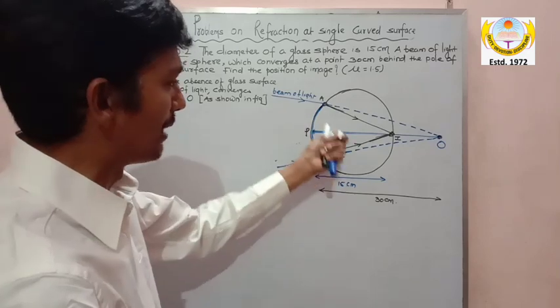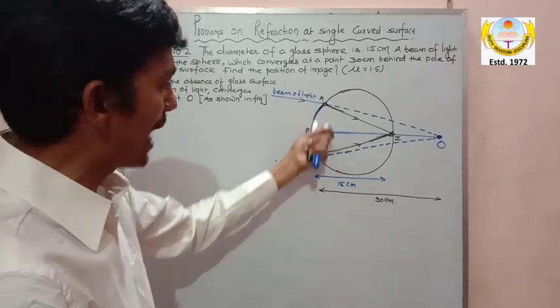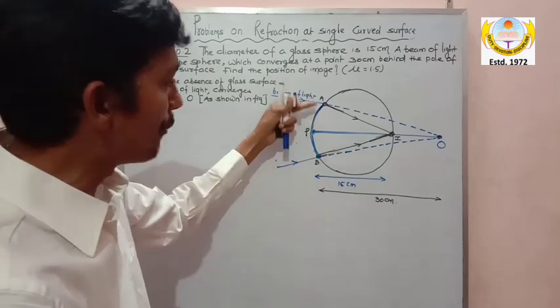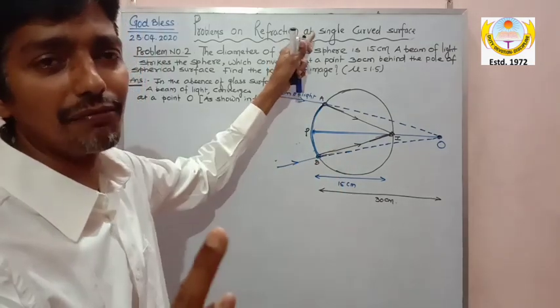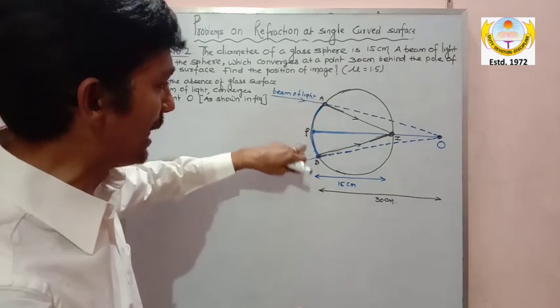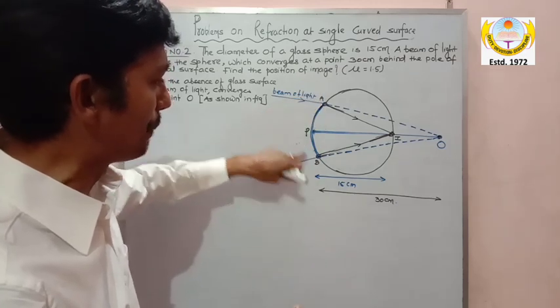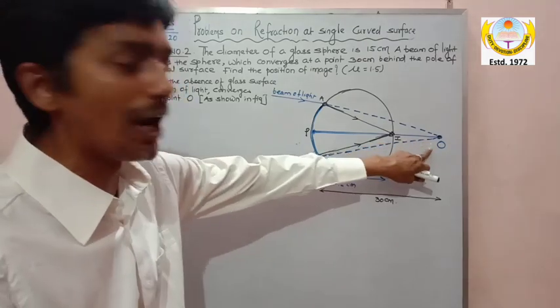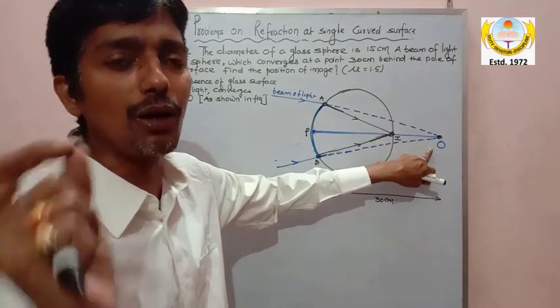But I have tried my level best to show you how the refraction takes place from the first spherical surface, APB, for which this point O acts as the virtual object.